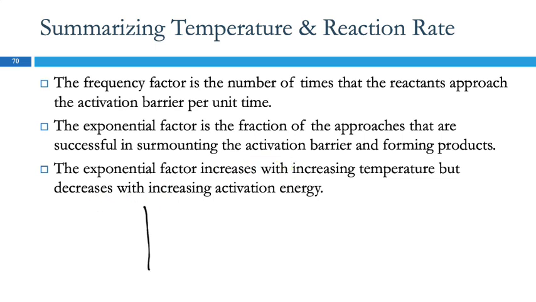So let's just, so this is the activation energy, this part right here, right? So if we increase that, just think about miniature golf and hitting the ball and trying to get it to go over this hump.